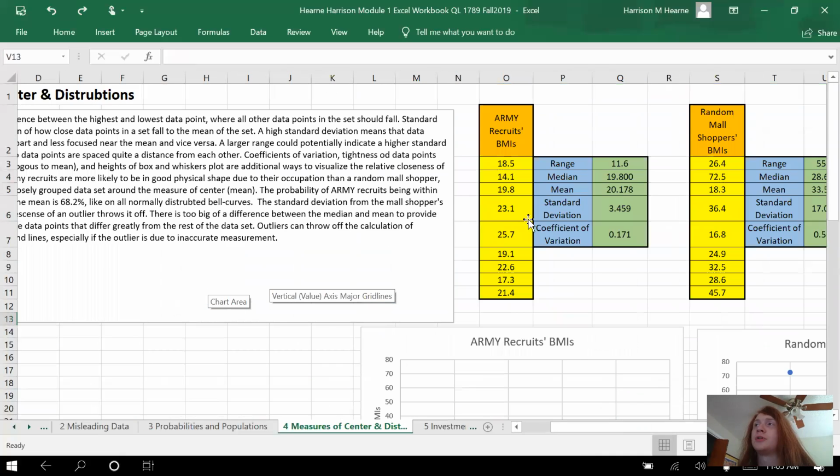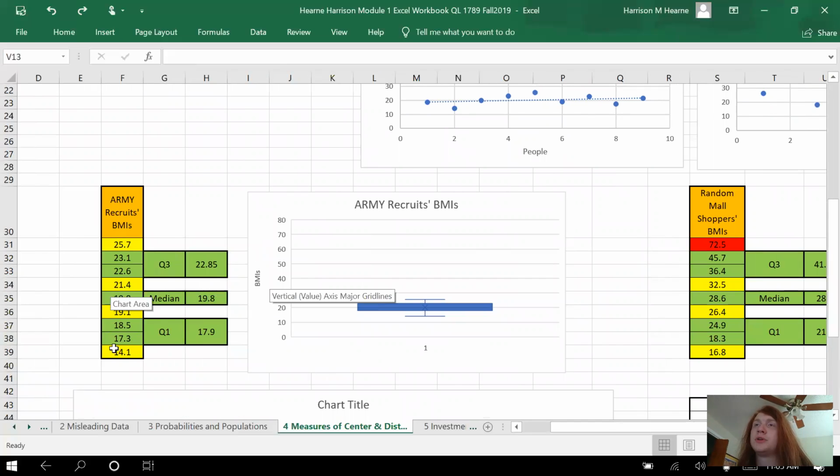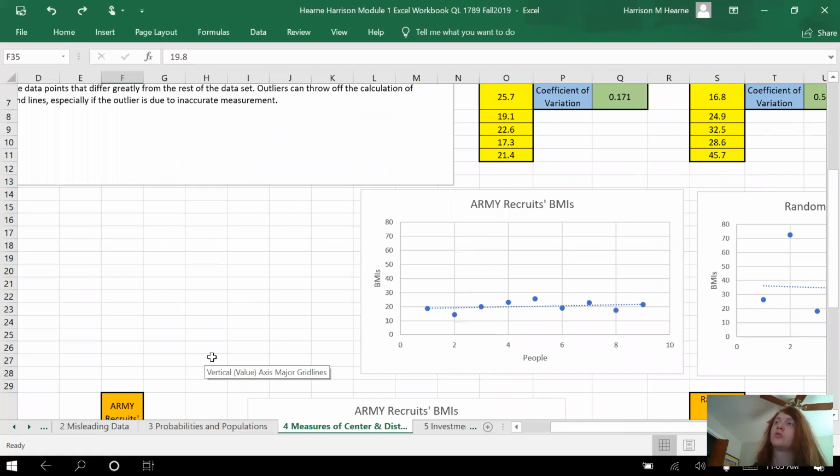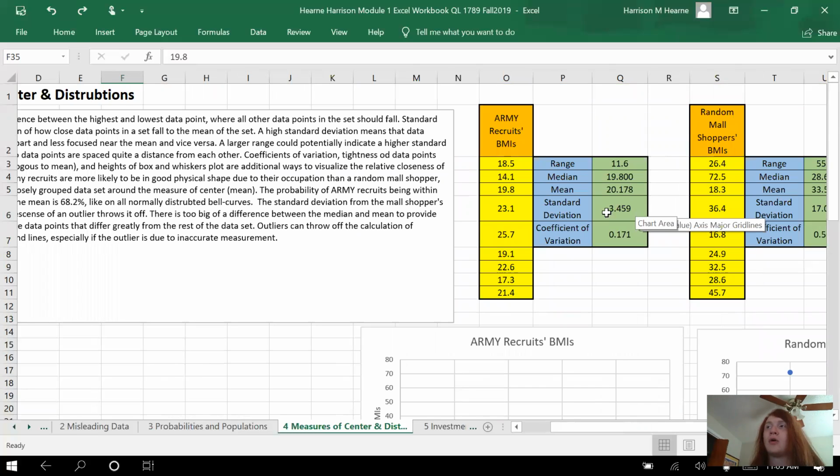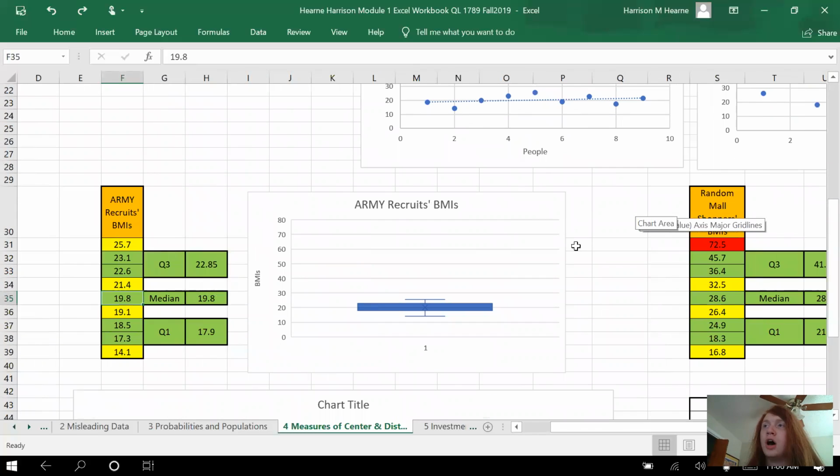So as we talked about up here, the median of the Army recruits data was 19.8. Now, if we go one standard deviation up, which if you'll remember is about 3.5, we should get these next two, once they are averaged together to give us our Q3 value, which is what we did. We added these two cells together and divided by 2.